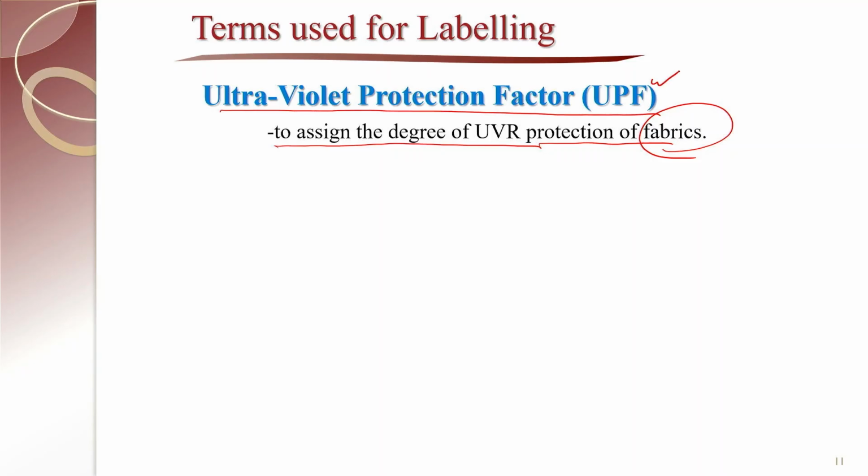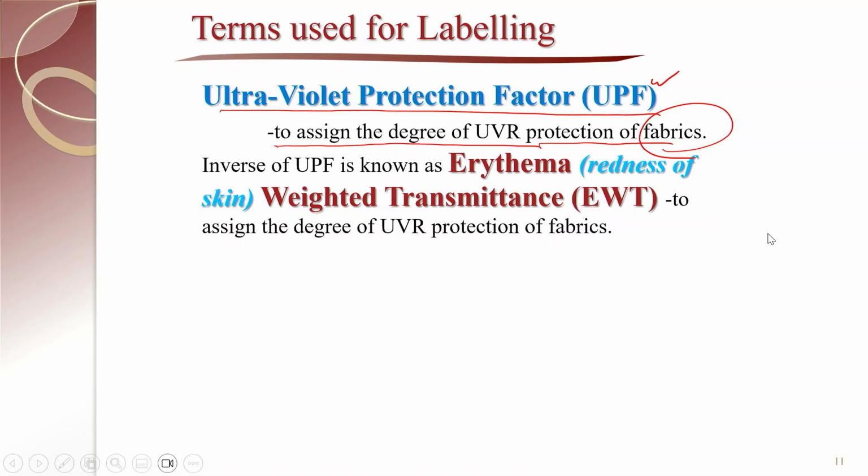UPF is basically for textile material, for clothing. The inverse of UPF is known as erythemal weighted transmittance, EWT. So, we can assign a number, some value, which will give us an idea about the UV protection. UPF and EWT are inverse.